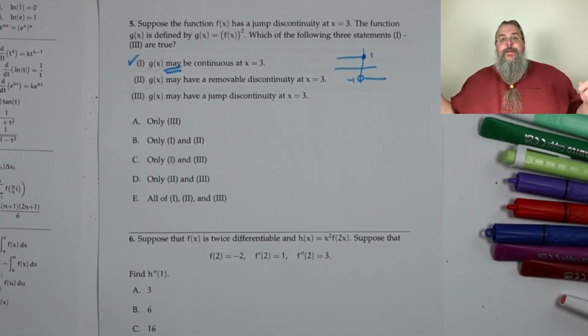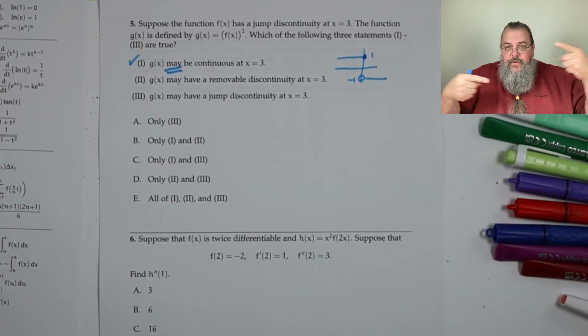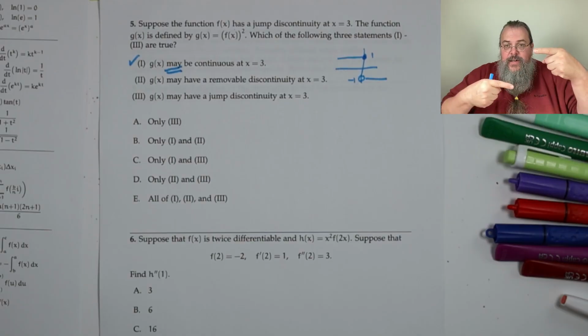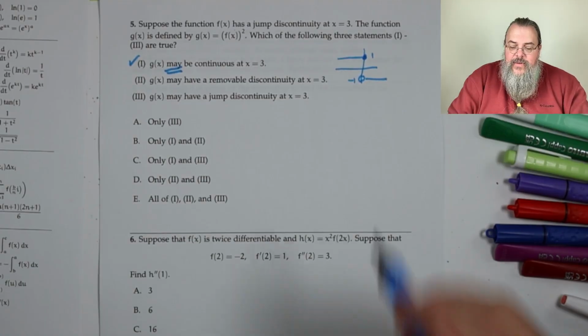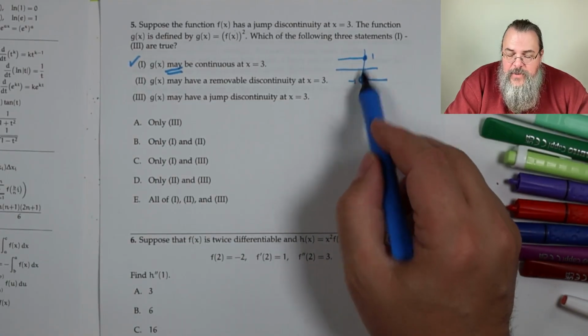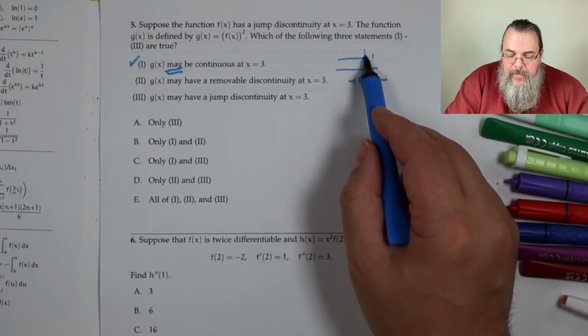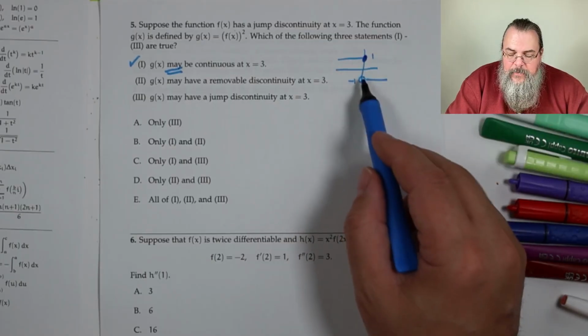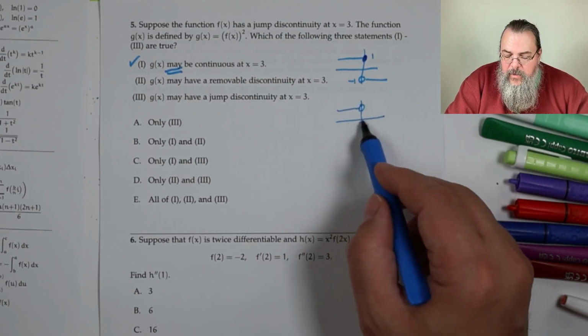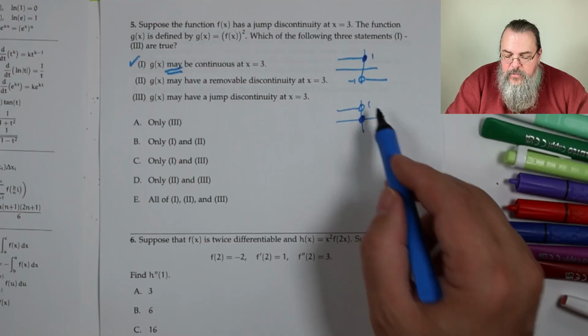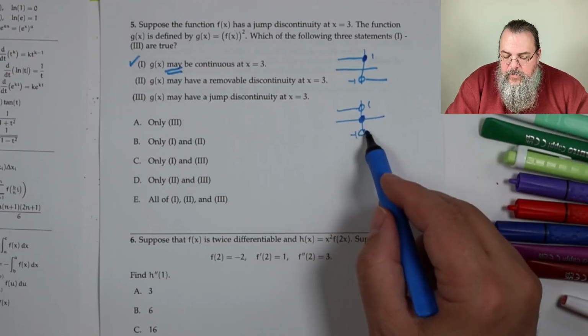Now here's the thing. When we talk about jumps, right, they're misaligned, but we don't pay attention to what actually happens at the point. Now when I drew this picture for the first one, I said I'm approaching what I think I should on one side, but not for the other side. But we could do something like this, where we approach 1, and then here's negative 1.